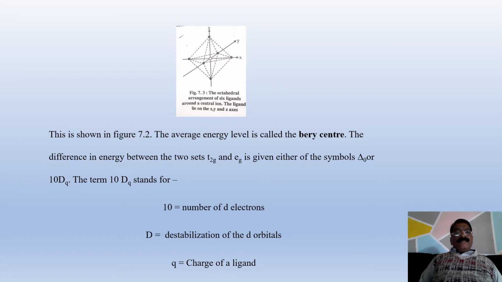The difference in energy between the two sets, t2g and eg, is given by the symbol delta O, O for octahedral, or 10 Dq. The term 10 Dq stands for: 10 is related to the number of d electrons, D stands for destabilization of the d orbital, and q stands for the charge on the ligand. Thus we say 10 Dq or delta O in the case of the octahedral field.